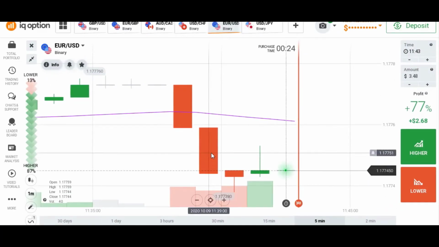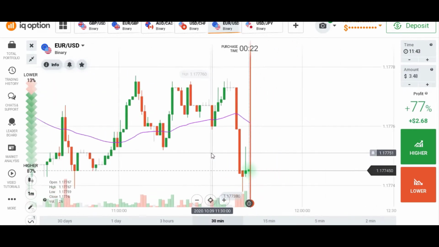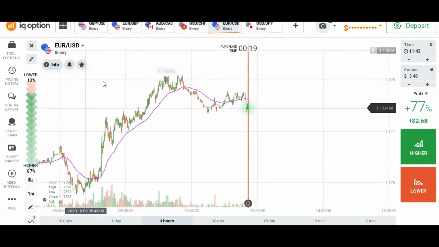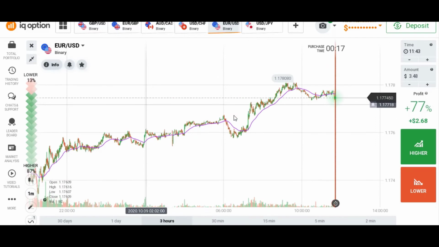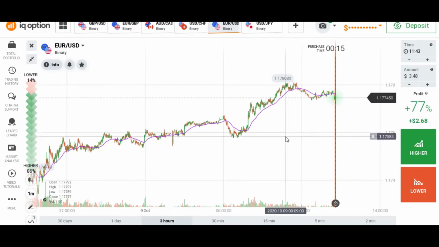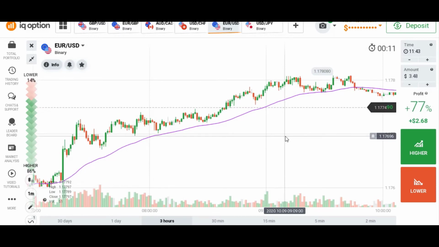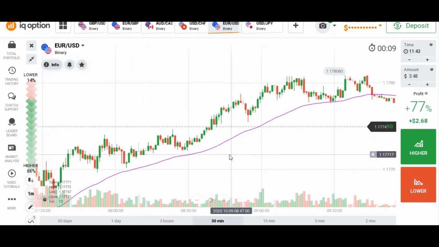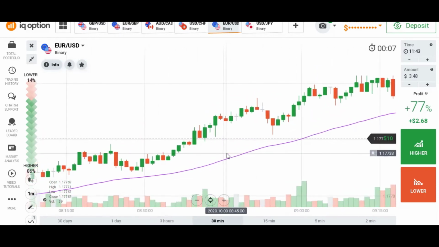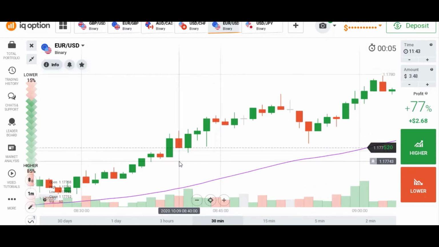This is the EUR/USD pair, and I am showing here when this type of situation will happen. Okay, this type of candle.